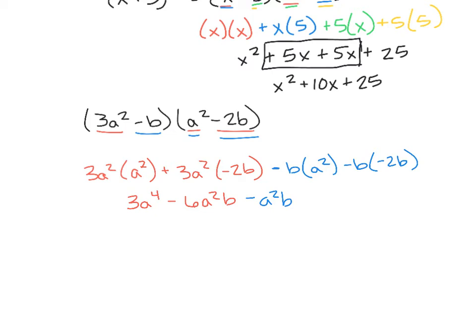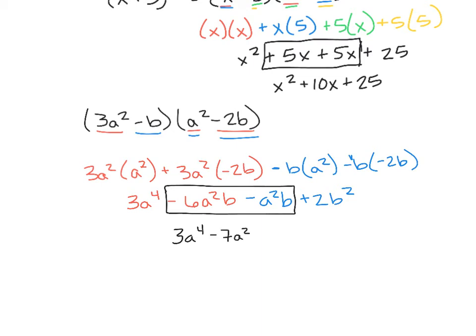And then on this last one, this is a negative 1 actually. We can look at this as a negative 1 times a negative 2, which gives us positive 2b squared. And then still look at this magic trick. These two middle terms are alike, so we get 3a to the 4th minus 7a squared b plus 2b squared.